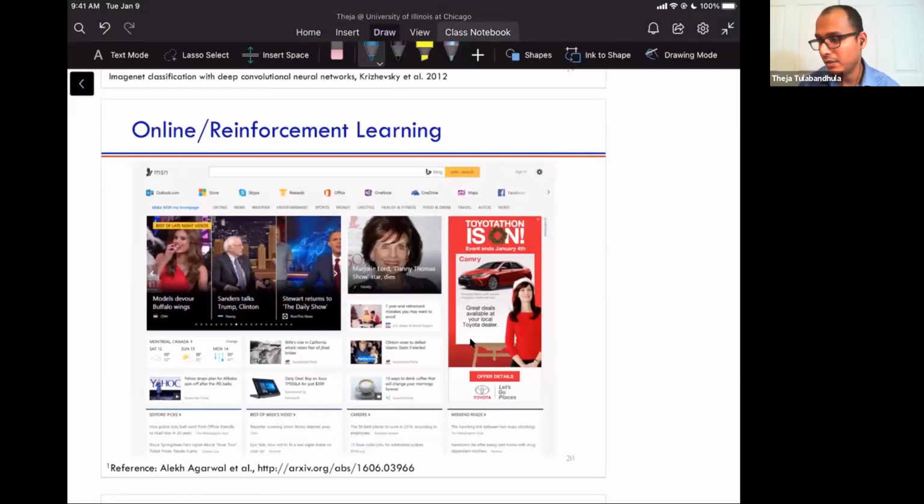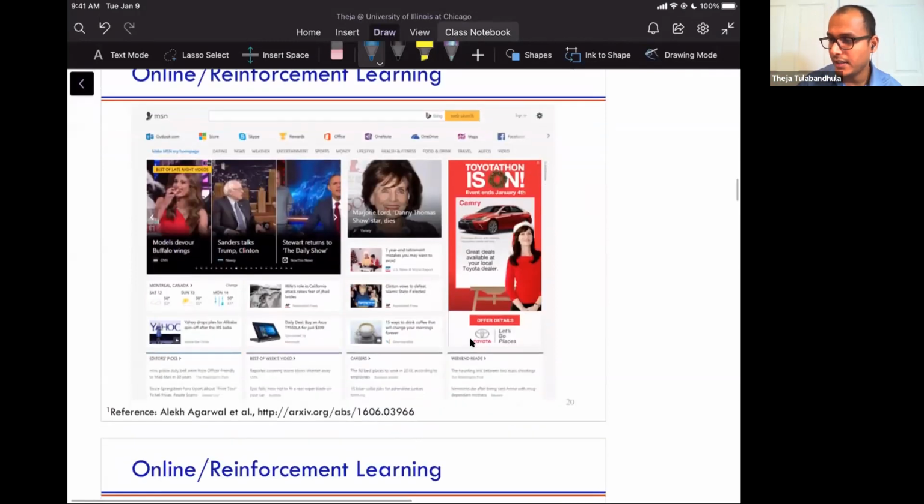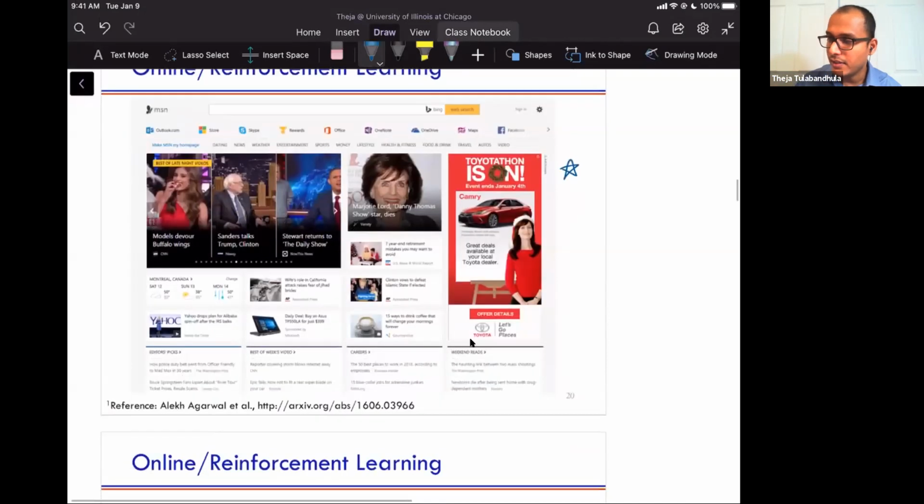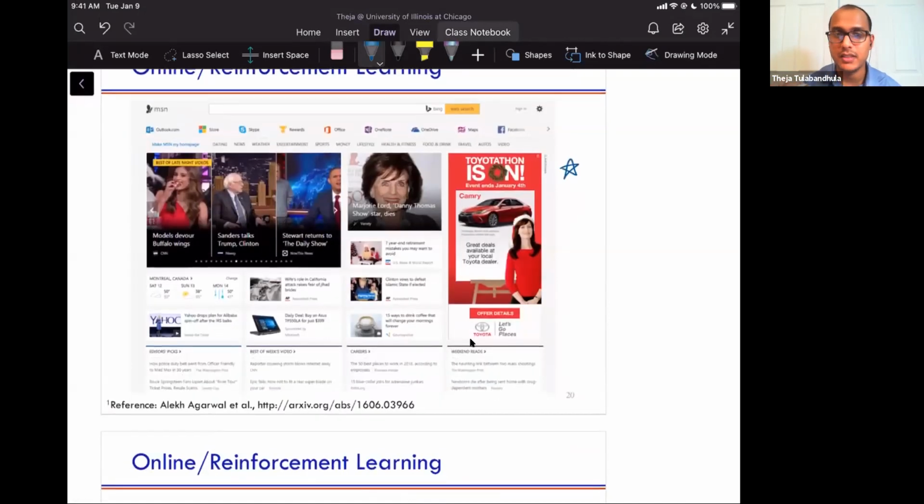Typically you'll have a Microsoft account, and they would have a profile of you, and based on that, they'll try to personalize what's being shown here. So what to show here is actually a decision that you need to make. And what is interesting to you is probably a forecasting problem. For example, maybe you really like sports, or maybe you really like music. So there's both prediction and some decisions involved here.